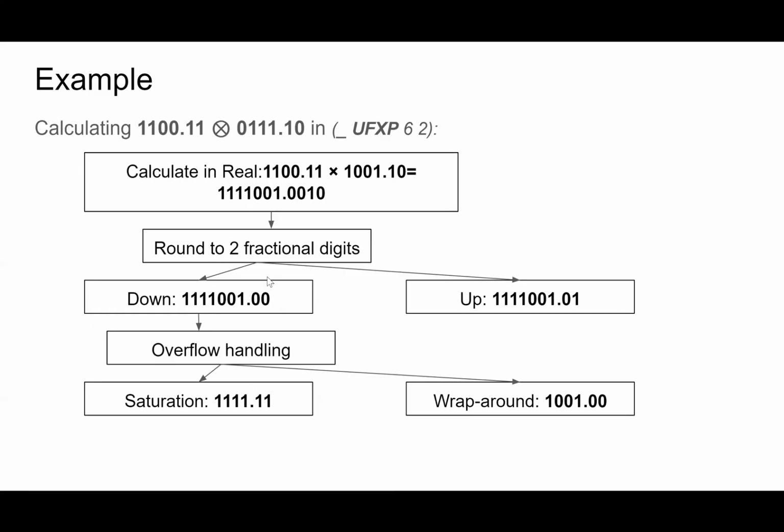Here's a quick example. We want to do the multiplication of the two numbers here. Firstly, we calculate in real, and the result is pretty long. Then we have to trim down the fractional bits. We just keep two, so rounding up or rounding down gives different results. And then because the number is out of bound, we have to do overflow handling.